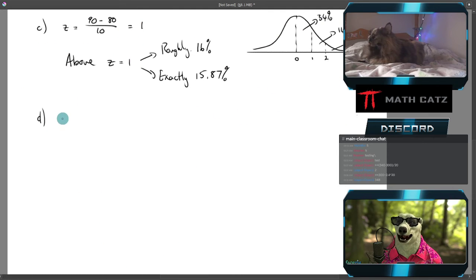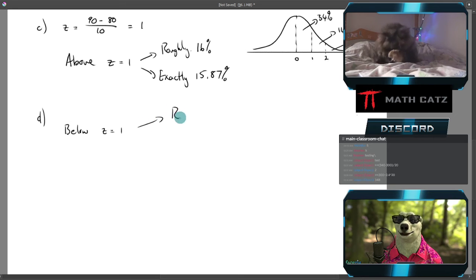Then part D just asks for below 90%. Well, if I have above, then below should be, hopefully, quite straightforward, same z-score. So if roughly 16% sit above 1, then just 100 minus that, so 84% will sit below.